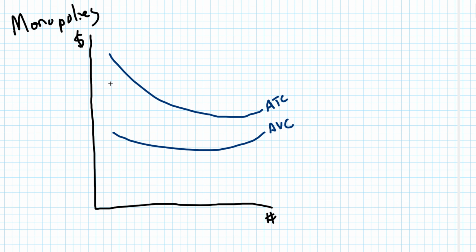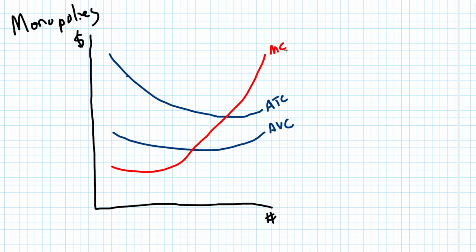Remember that average fixed cost is really just this distance right here, this amount. So if I scooch these down to here, then I'll get an average fixed cost, but I'm not worried about that. Because I'm a monopolist, I'm making money like crazy. Oh, also I need to draw my marginal cost. It's going to go there, hitting the bottoms of those.